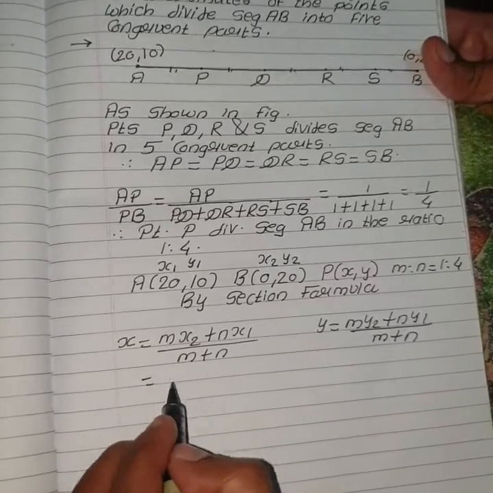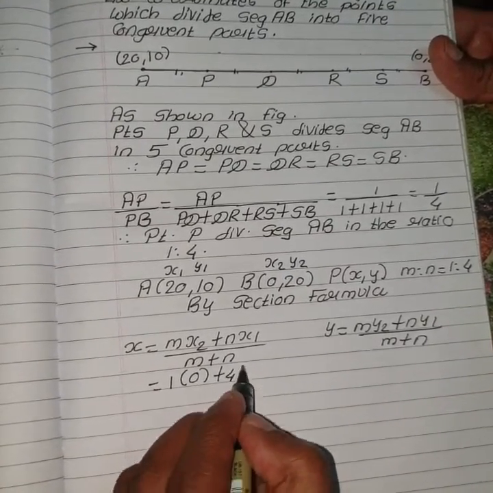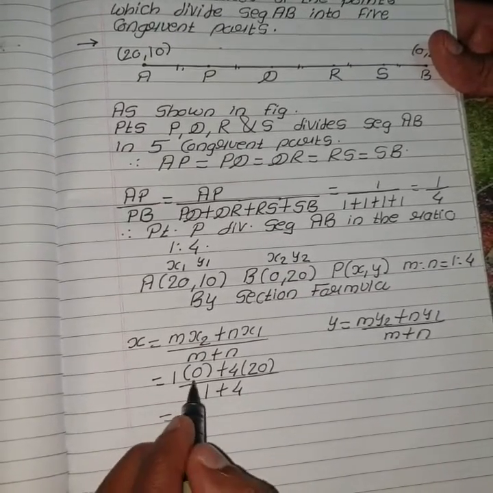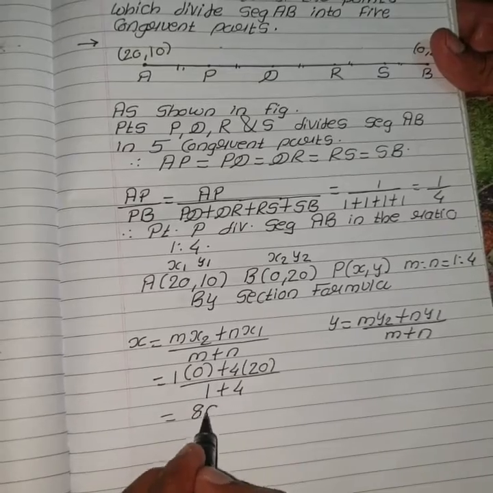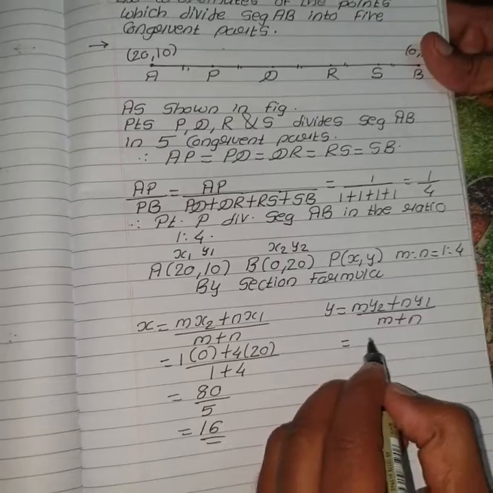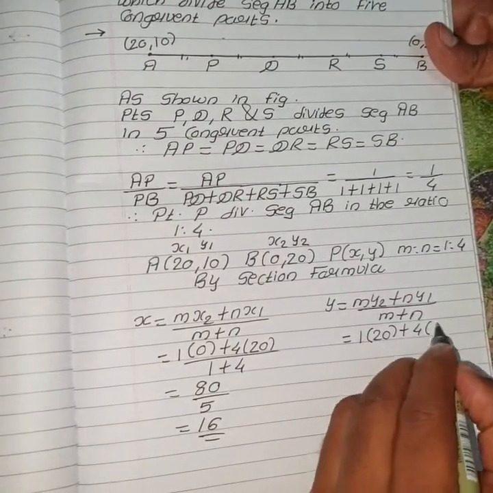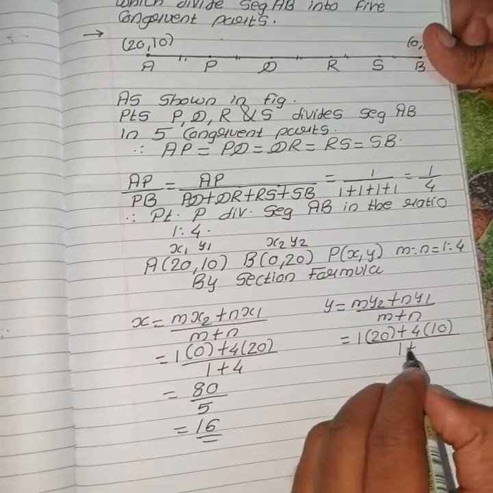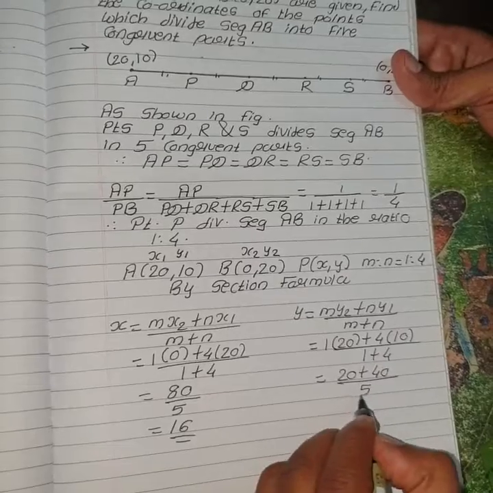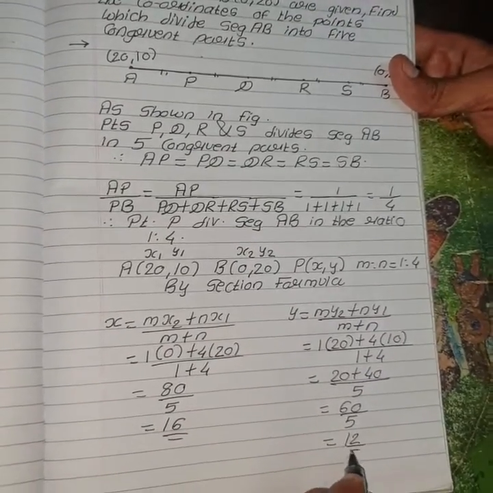Let's substitute the values. What is m? 1, x2 is 0, n is 4, x1 is 20, upon 1 plus 4. 0 into 1 is 0 plus 4 times 20 is 80, upon 5, that is equal to 16. m is 1, what is y2? 20. n is 4, y1 is 10, upon 1 plus 4, that is equal to 20 plus 40 upon 5, 60 upon 5, that is equal to 12.